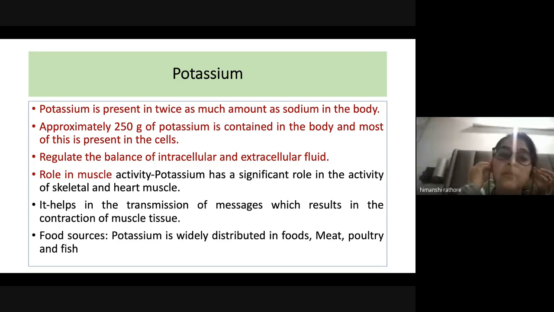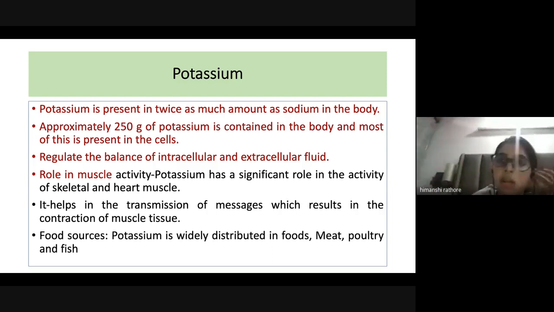So potassium is present in as much amount as sodium in the body. And while discussing the structure of the cell, I told you that potassium is present in the intracellular fluid. Hence, the function of potassium is similar to that of sodium: it also helps to maintain the balance of the fluid of the cell, intracellular and extracellular.